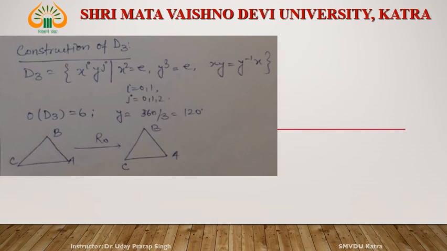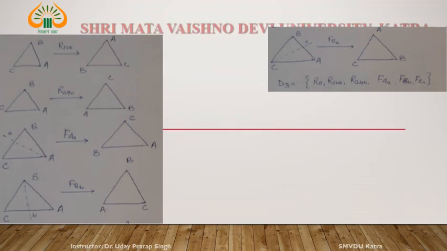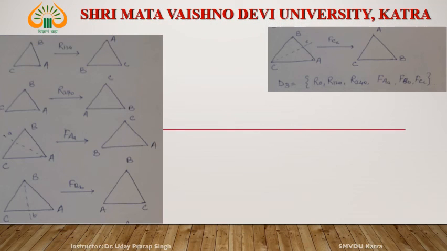Similarly, we can construct the dihedral group D3 of order 6. This is one triangle, R0. R0 is the same, no change. Rotate it 120 degrees: A comes here, B here, and C here.